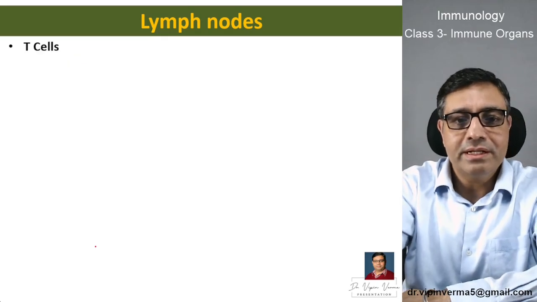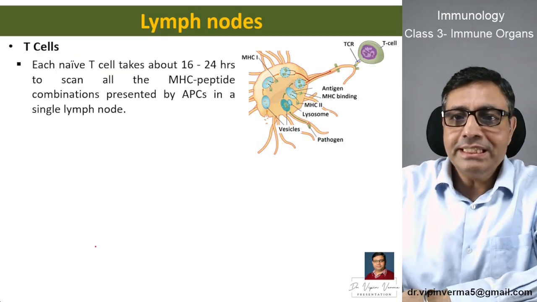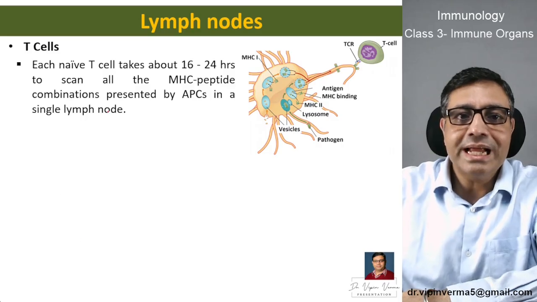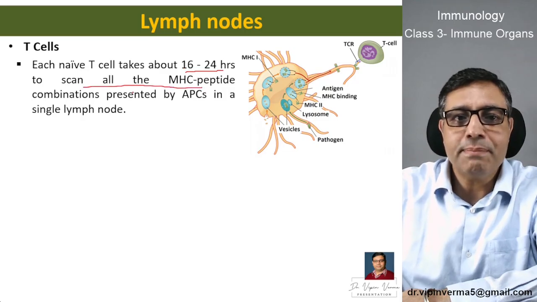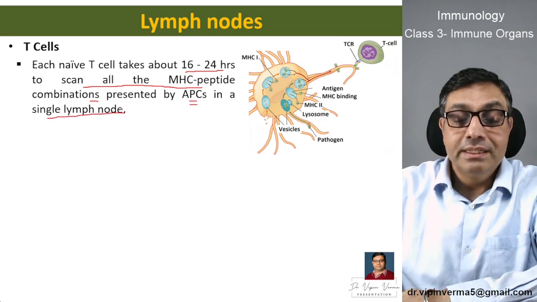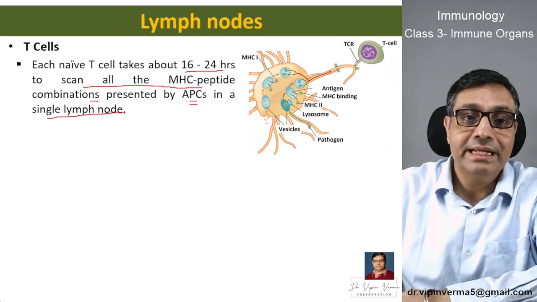and present it to the T cells in the paracortical region. Each naive T cell takes about 16 to 24 hours to scan all the MHC peptide combinations presented by antigen presenting cells in a single lymph node. See how speedily they are working. In a single lymph node, let us see, this is a lymph node, right?